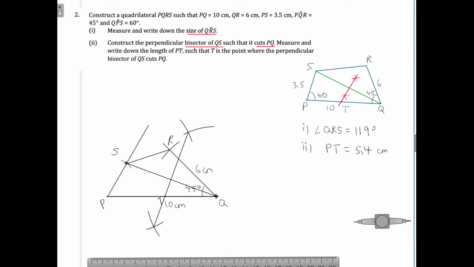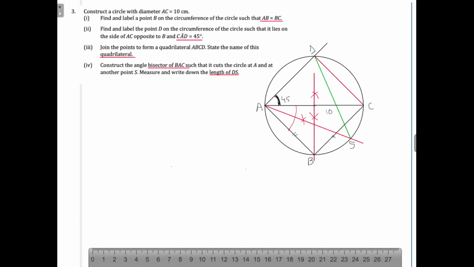That completes question 2. We now move on to question 3. In question 3, we need to draw a circle of diameter AC 10 cm. So once again, we need to take the measurements from the ruler.